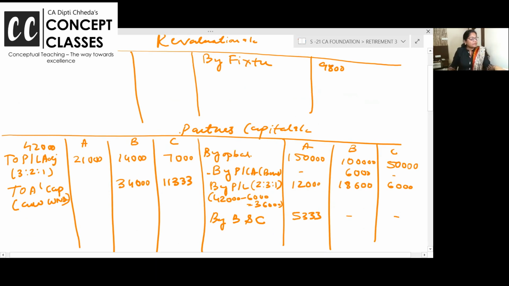Next, provision of 2% was to be created for doubtful debts. So look at your debtors. How much are your debtors right now? 90,000. You have to create provision for doubtful debts. 90,000 into what percent to create? 2%. 1,800.